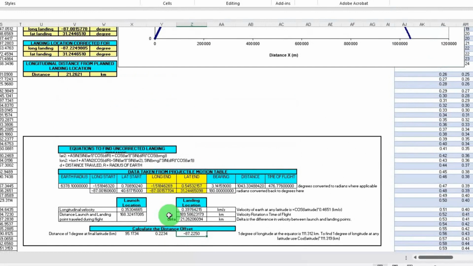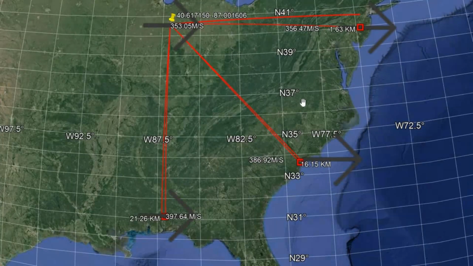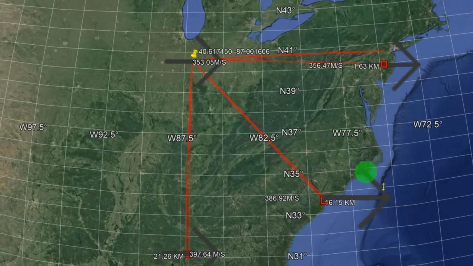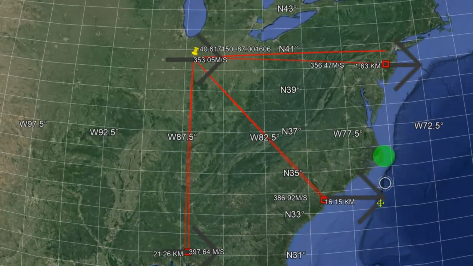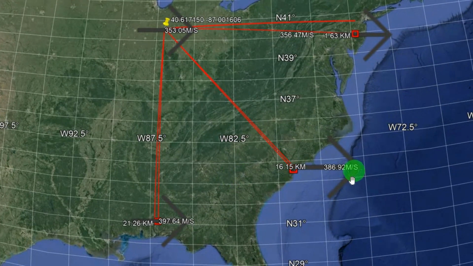So this is really, I plan on making this look a little bit nicer, but I think it can be kind of powerful. A couple things that can be taken away from this: obviously we're looking at the time of flight and data from my spreadsheet, right?